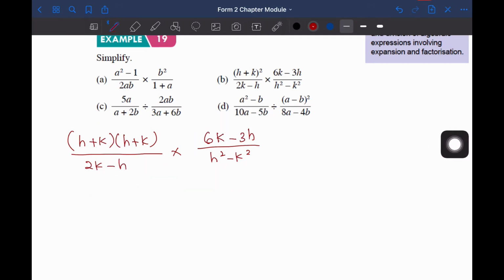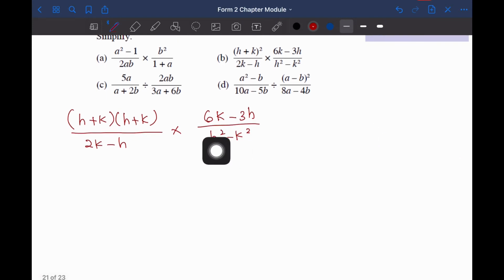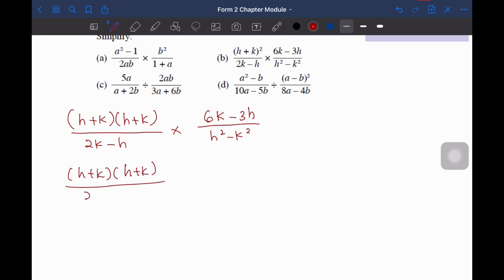Okay, kita cuba cari benda yang sama ataupun cuba buat dia jadi sama. Okay, tengok ni. Ni dua-dua perfect square. Ingat lagi kalau perfect square kita boleh pecah dia jadi 2 kurungan, 1 tambah 1 tolak kan. Saya tulis balik H plus K over 2K minus H times, bawah ni tadi dia akan jadi H plus K, H minus K.